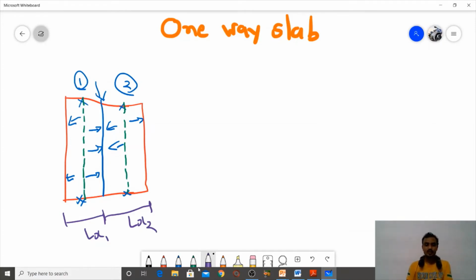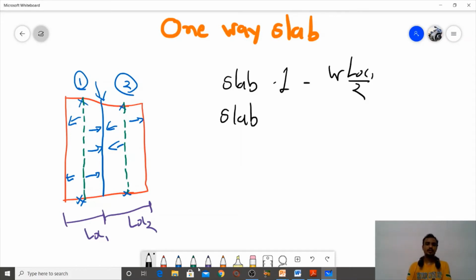In the one-way continuous slab, the slab 1 load is WLX1 by 2, and the slab 2 load is WLX2 by 2. These are the two loads transferred from the slab to the beam for the one-way continuous slab.